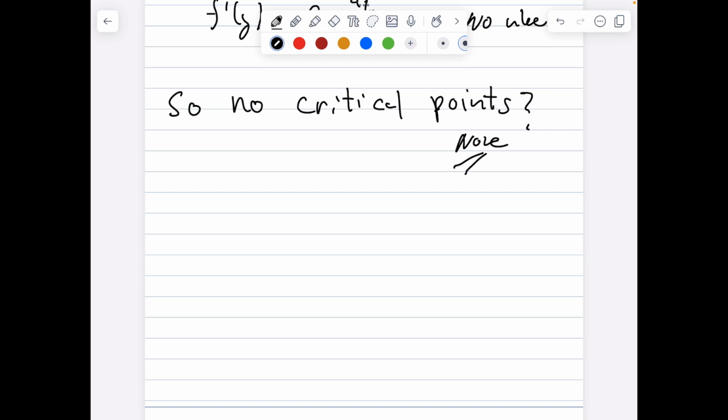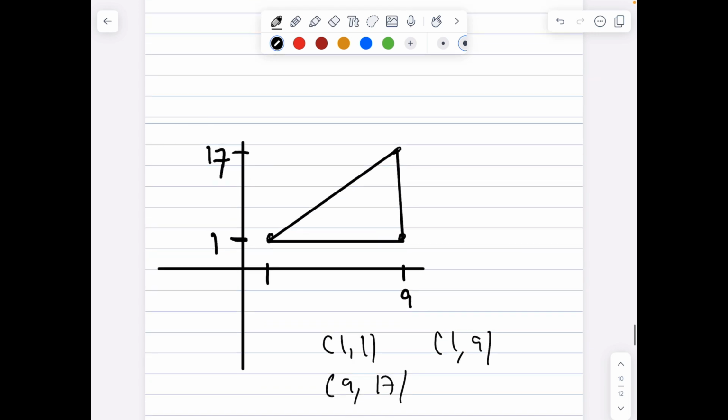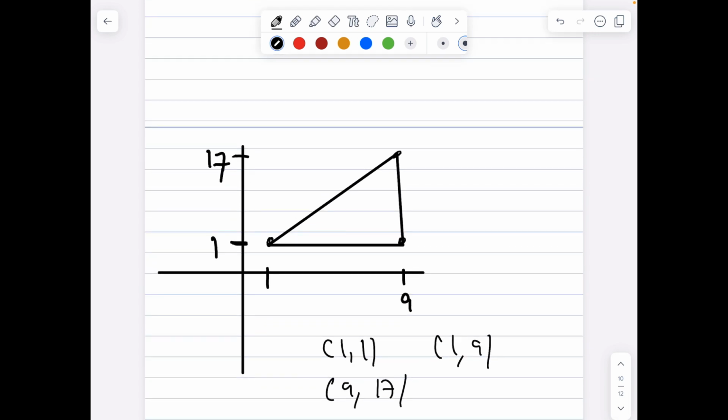However, does it mean we have no mins and maxes? No, we don't. Here's what we need to look at. We're looking at these lines that we had drawn earlier, and we're looking for the min and max, starting with that red line from 1 to 9. So we were considering the closed interval of 1 to 9.